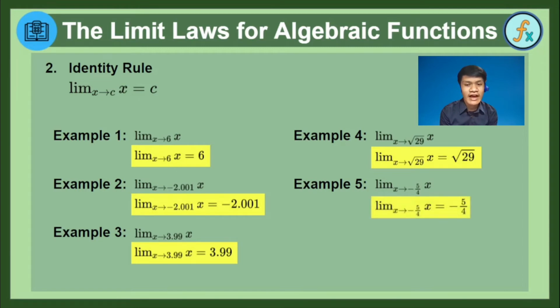The answer is negative 5 over 4. And lastly, example number 6. Obtain the limit of x as x approaches 717. The answer is 717. That would be all for the second limit law, and always remember that the limit of a function is whatever value that x is approaching.